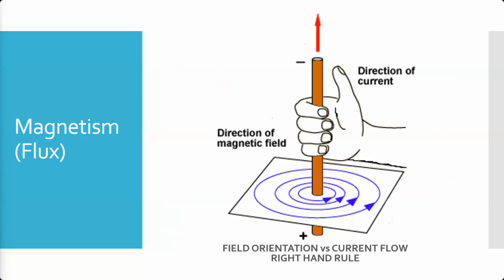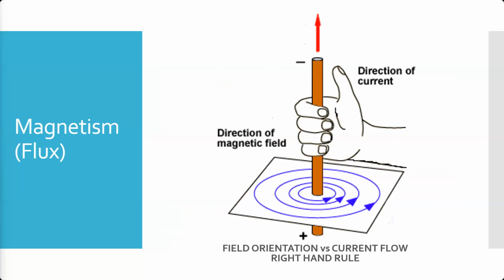So here's a diagram of how the magnetic flux is oriented. Many of you have probably heard of the right-hand rule before. If we have current running through this wire, you point your thumb towards negative, and the flux field is going to be, in this case, counterclockwise around that wire, looking at it from the top.